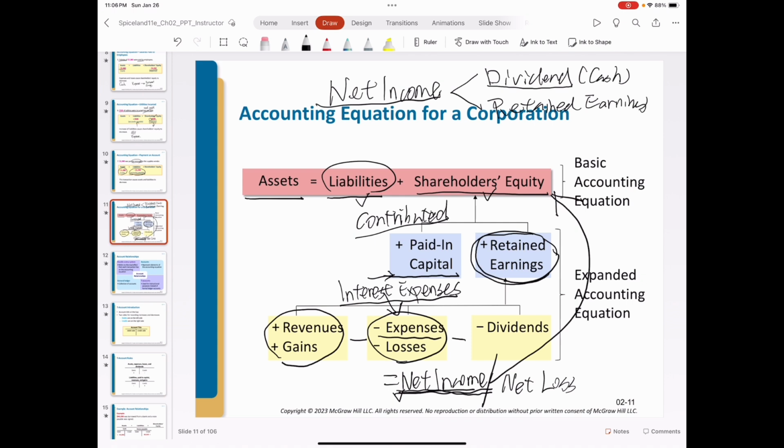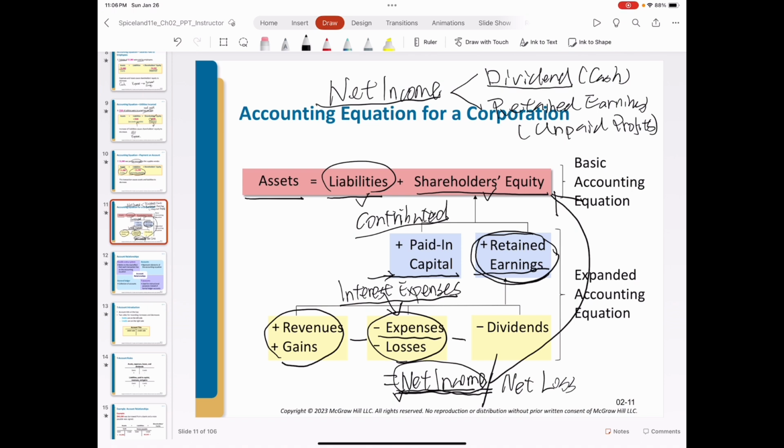We can call retained earnings unpaid profit or earnings. So the retained earnings represents prior accounting periods' total earnings or profits minus accumulated dividends. So the difference is the total accumulated unpaid profits.